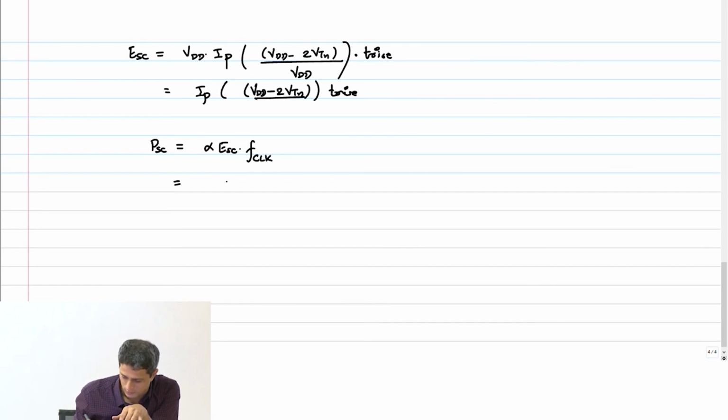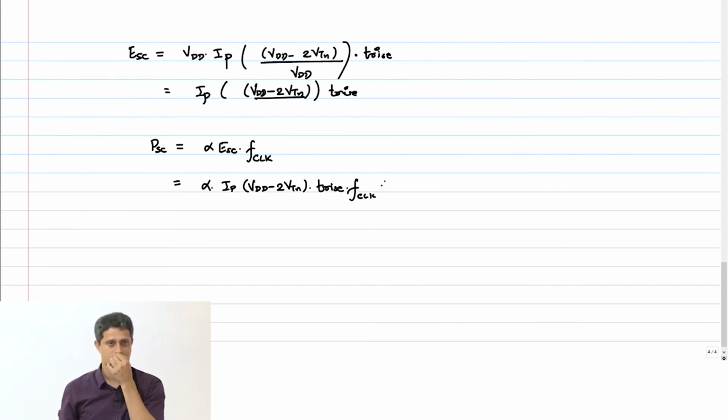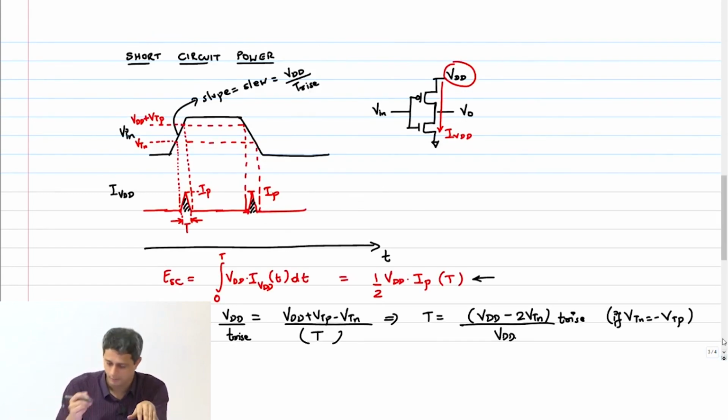Okay, so alpha into IP into T rise into F clock. Why? No, yeah, but as she pointed out, see, I am giving you that the input rise slope is VDD by T rise, correct?